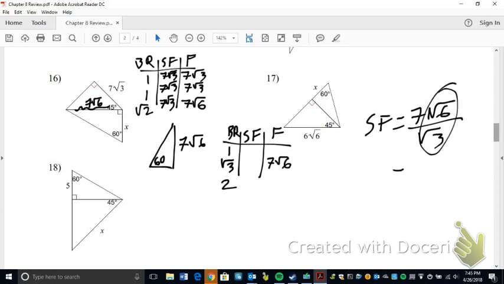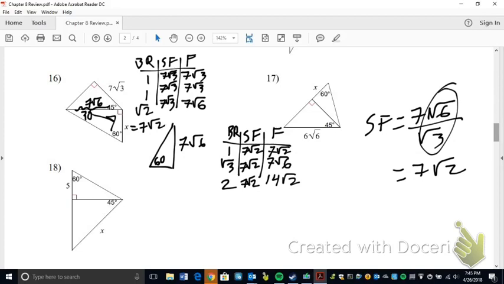Again, because both the radical 6 and the radical 3 are underneath the radical sign, and because we are combining them with division, we go 6 divided by 3 is 2. So 7 radical 2 is our scale factor. Let me just multiply across. We're looking for the short leg, so it's 7 radical 2. The hypotenuse would be 14 radical 2. So x equals 7 radical 2.